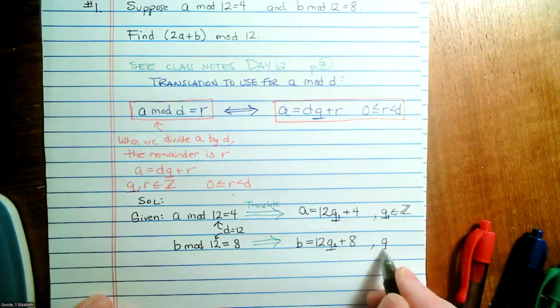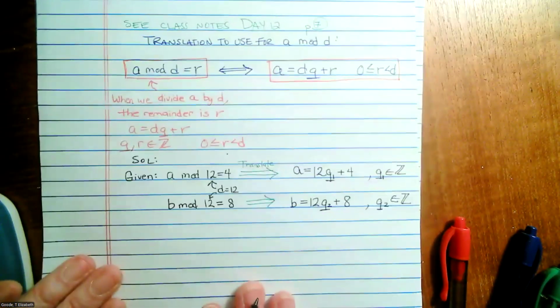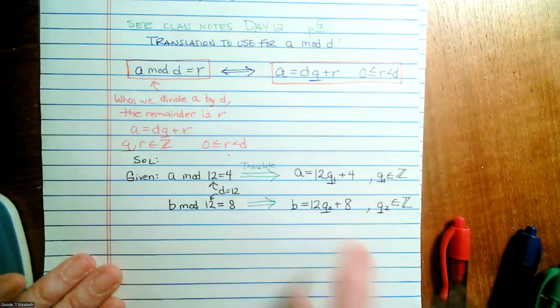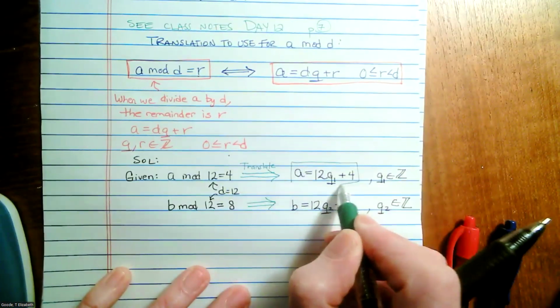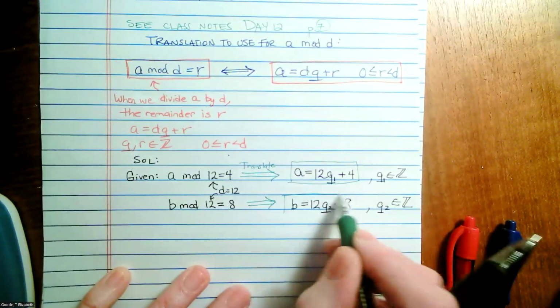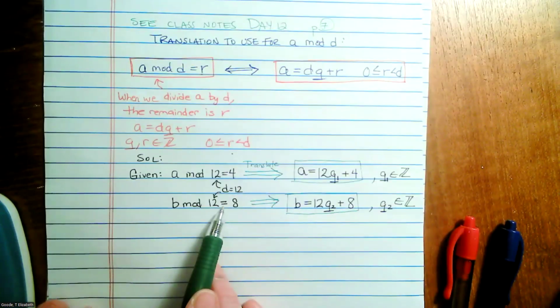Q1 and Q2 are integers. It really hardly matters what they are. All that matters is that they're integers. So we get these two equations, one for A and one for B, directly from what's given to us.